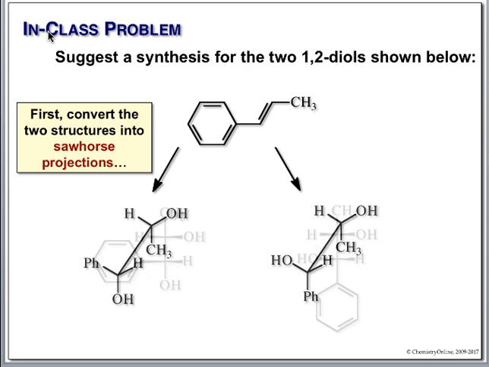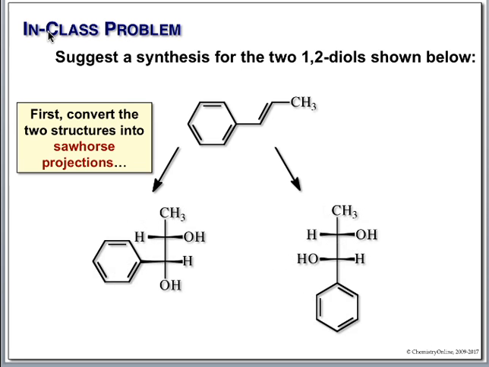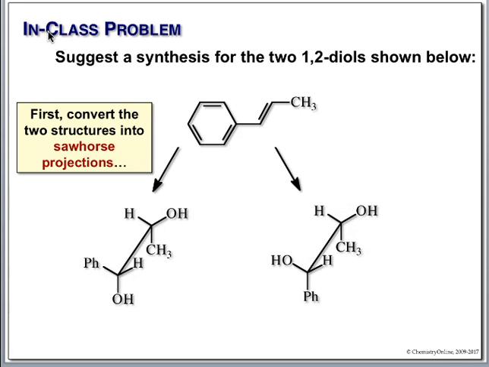This guy: OH, H up, OH, H up. So phenyl and methyl are both down. Both hydroxyls up, phenyl and methyl are down. So we have our sawhorse projections.